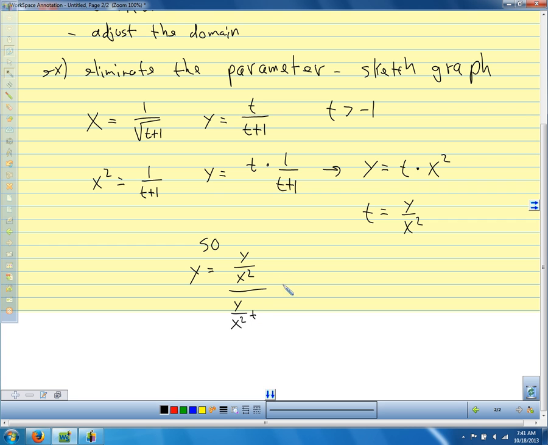So we get, I'm going to find the common denominator here in this denominator. So I get y equals y over x squared over y plus x squared over x squared. So I just found a common denominator down here.